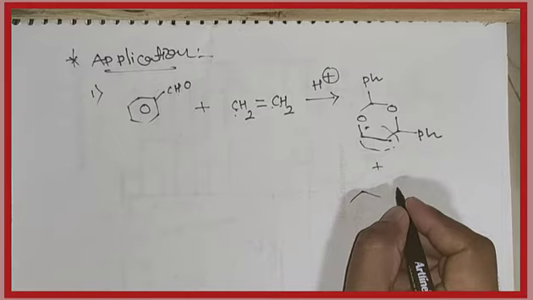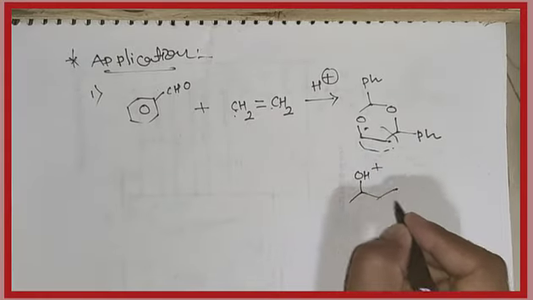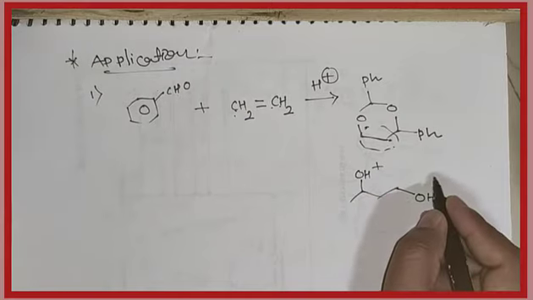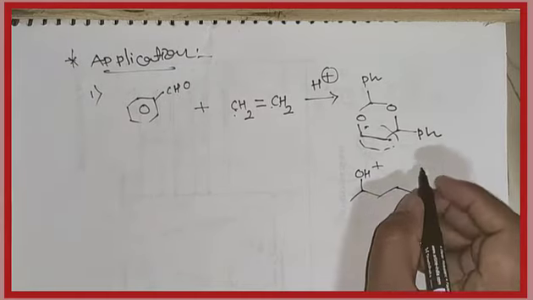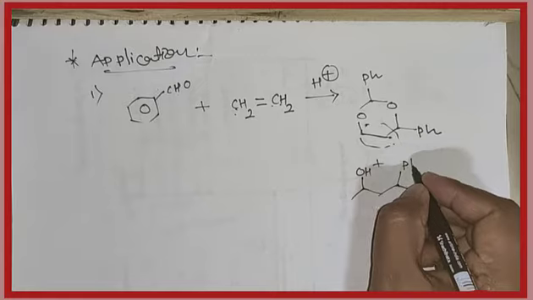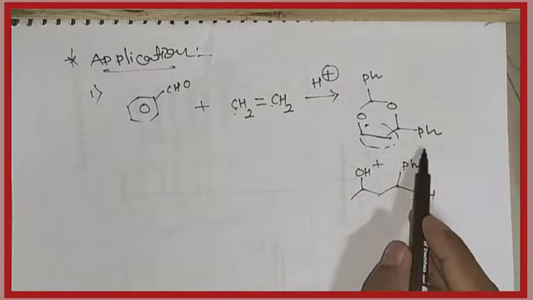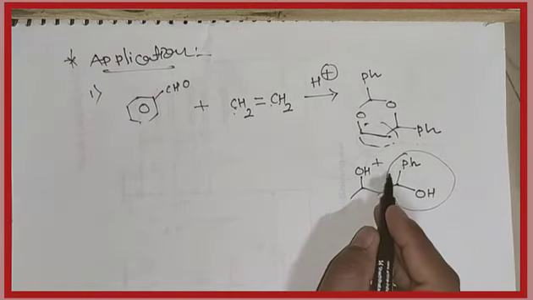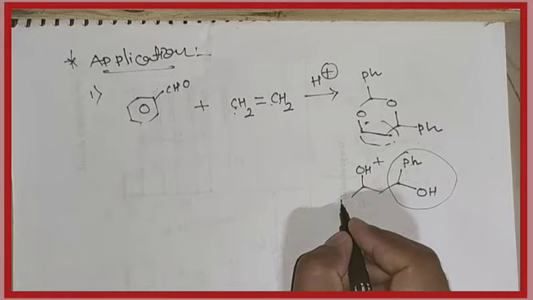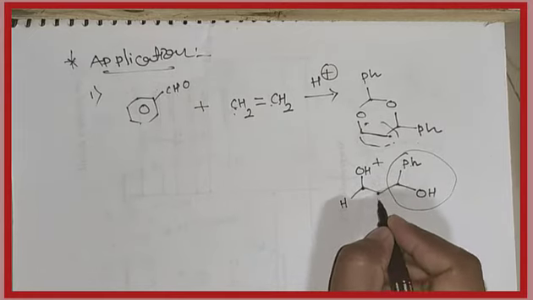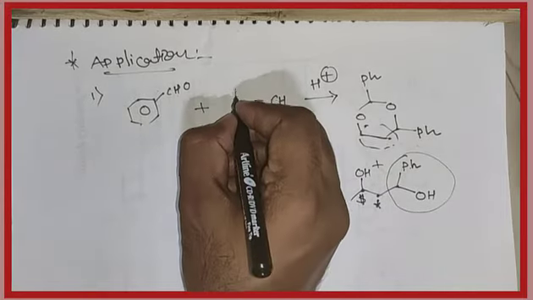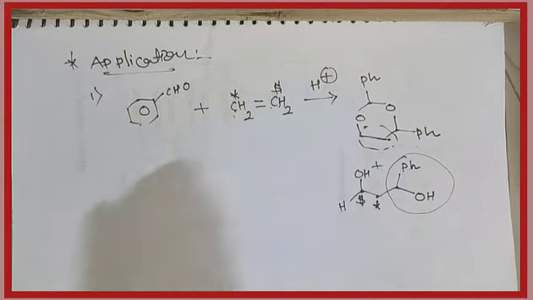So let me first put 1,3-diol here. This part comes from the aldehyde group, so I have to put here Ph, right? So this part is from the carbonyl group, and this part comes from the alkene. So here is the H. These two carbons, suppose this is the star carbon and this is the dollar carbon.